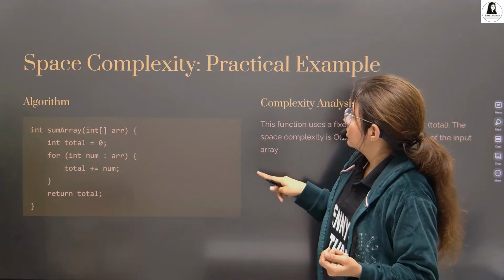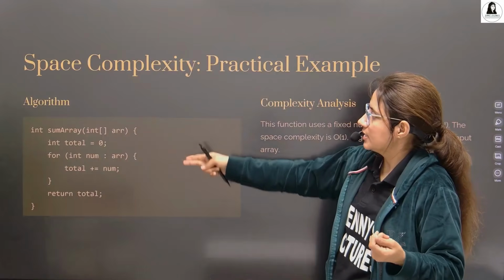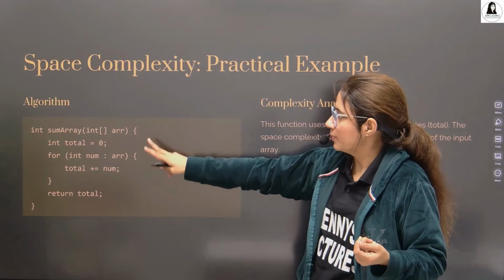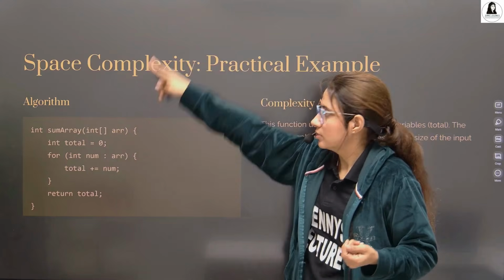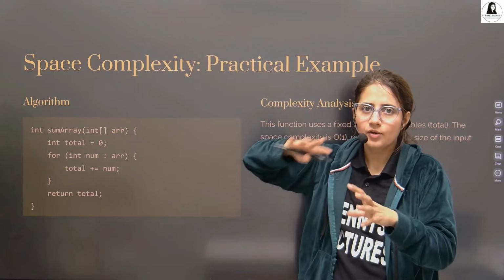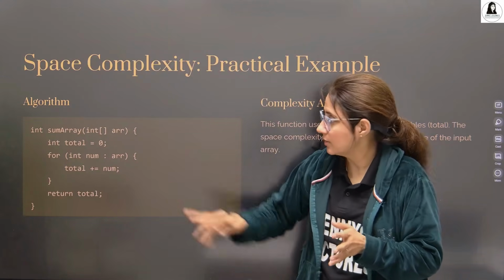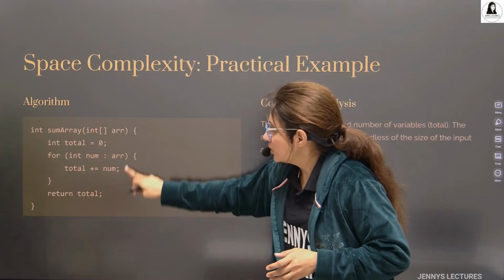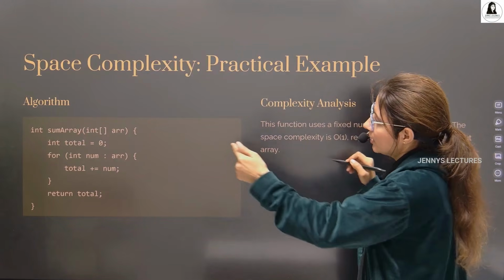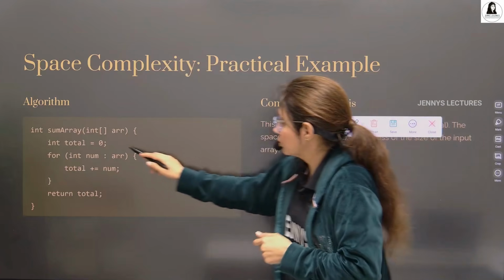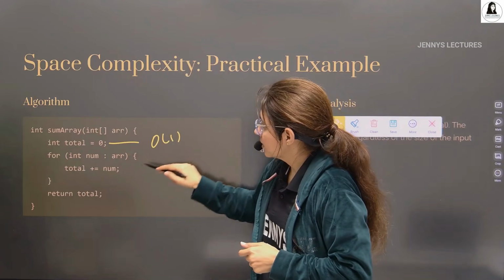Okay. So space complexity, like in this case, if this is the algorithm, the space complexity of this is, apart from the input array, because generally we don't count the input while calculating space complexity. So we are writing here total is equal to 0. This is taking order of 1.